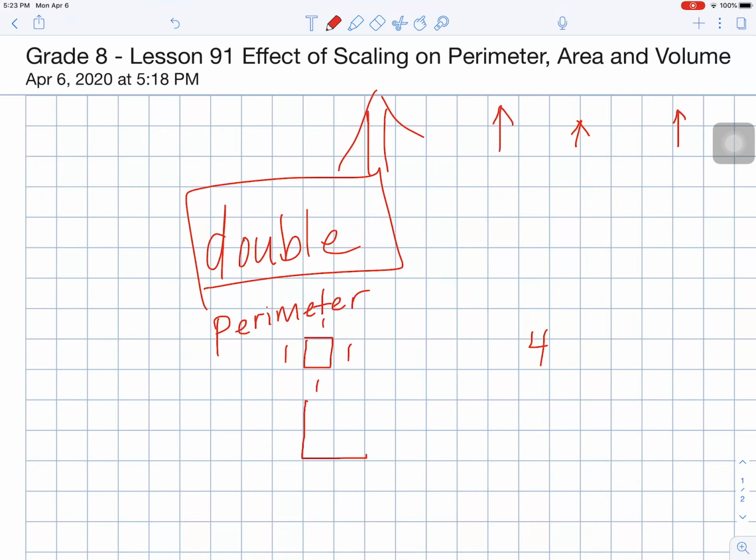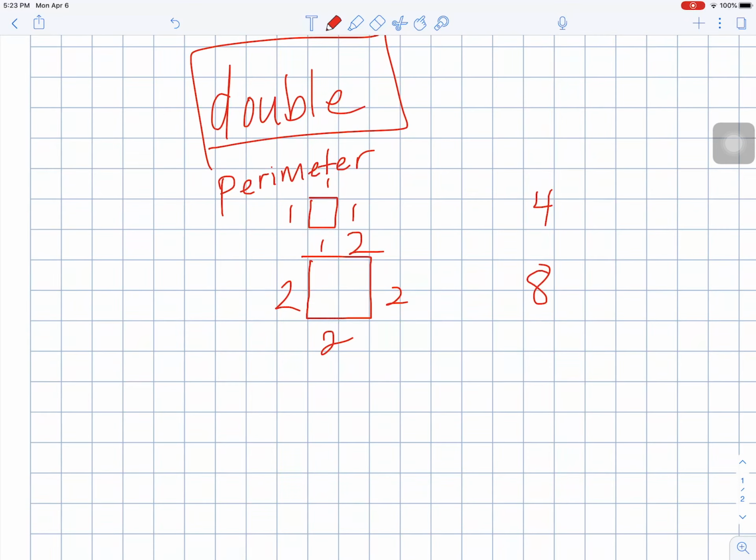Let's double it. Once we double it, we get 2 by 2 by 2 by 2, right? And it's 8.